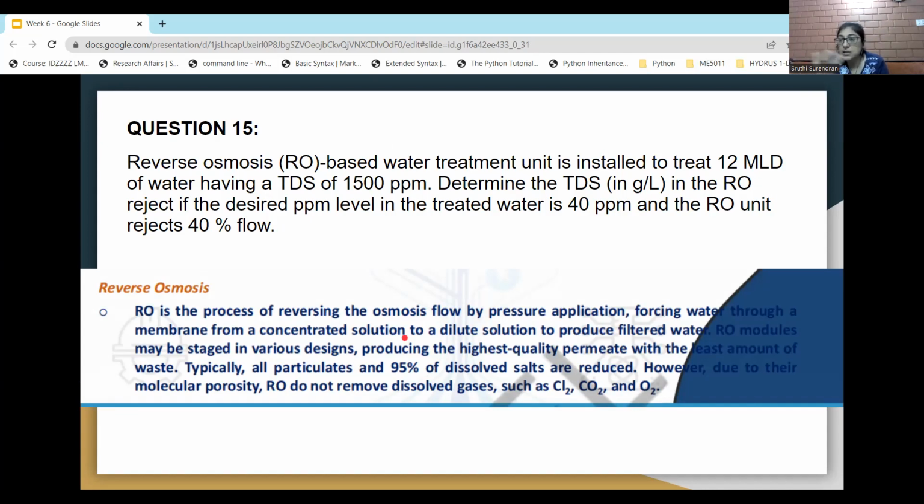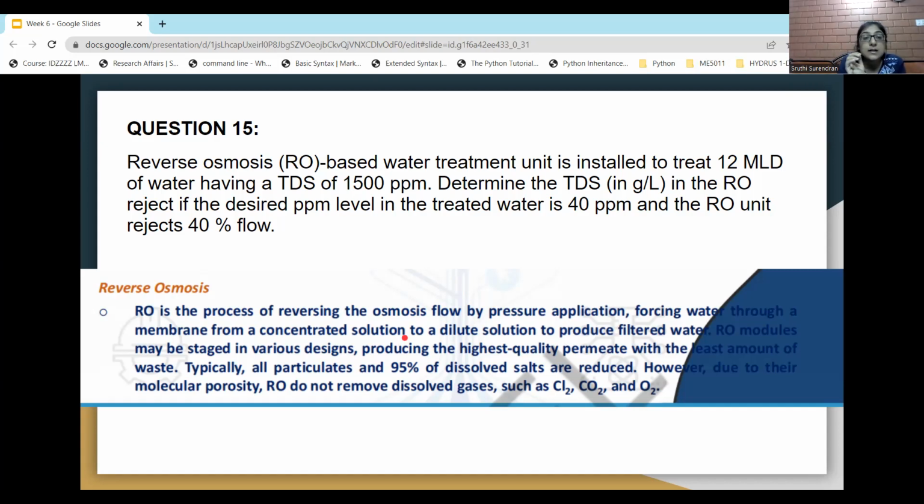RO reject is nothing but after the water is passing through the membrane and the reverse osmosis is happening, there's another polluted or rejected water which is concentrated in the total dissolved solids, and the non-concentrated water is going to go out of the treatment unit.